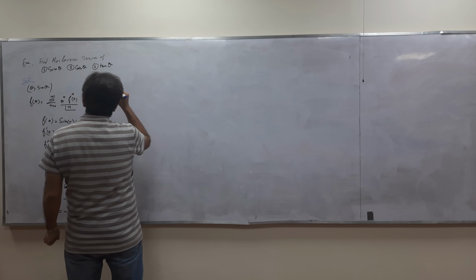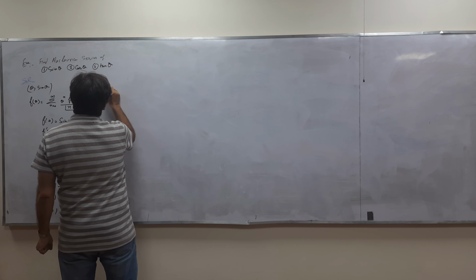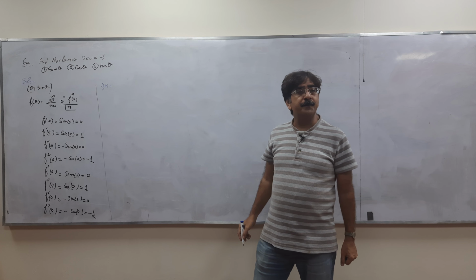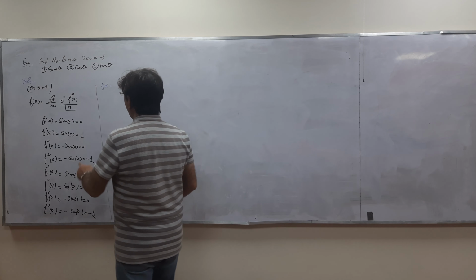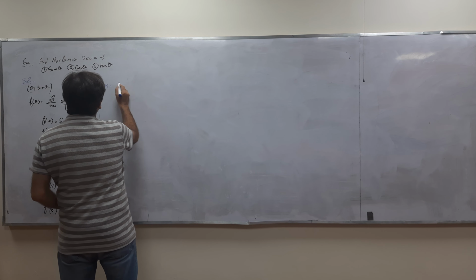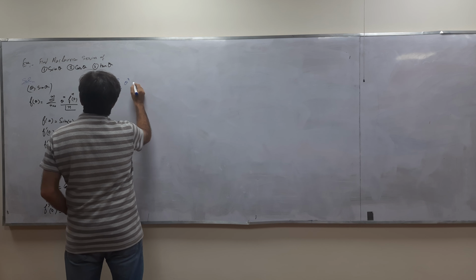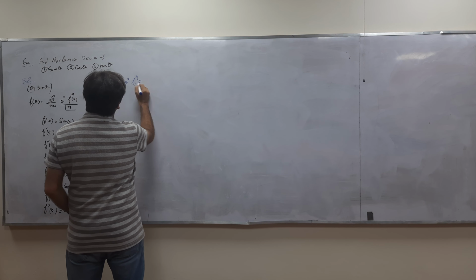So f theta will become, yes, what value will it be? That is the sum over n equal to 0 to infinity of theta^n f^(n)(0) over n factorial.